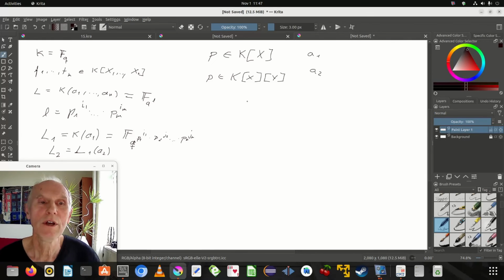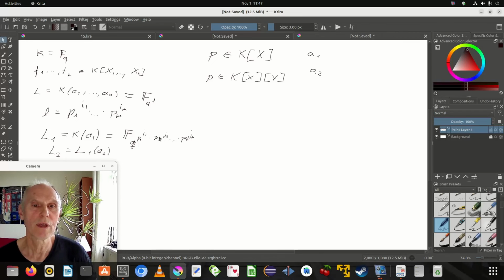You see the idea now that in a finite number of steps we will have a series of polynomials whose solutions generate L, and we know the degrees, and the product of all those degrees is L. Should call them P1, P2.